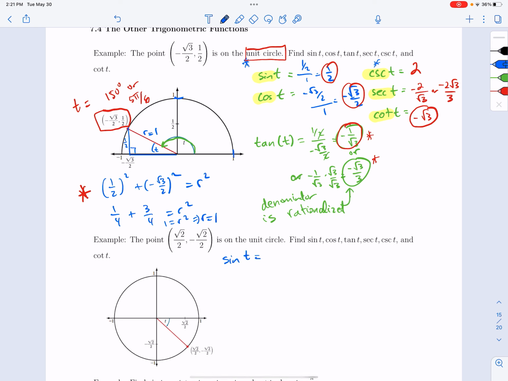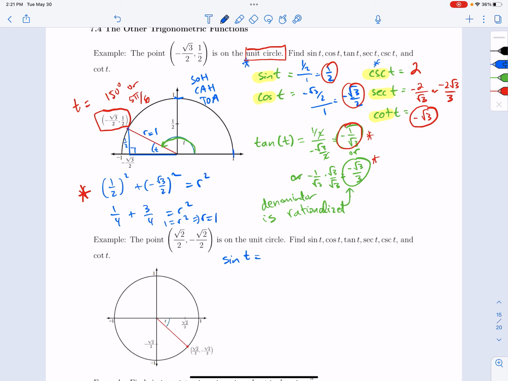Another way of thinking about this is that in the first example, I used the idea of SOHCAHTOA, and those acronyms are related to a right triangle. So that's one way we can do it.